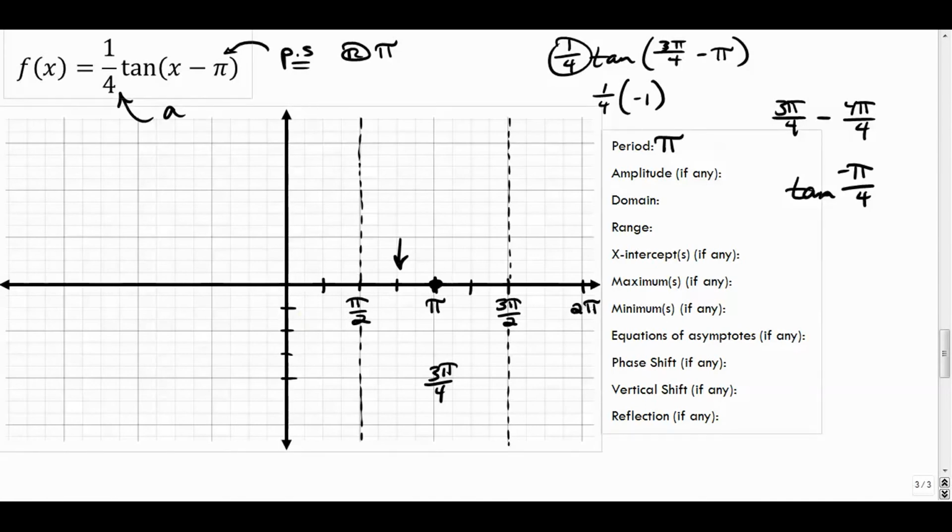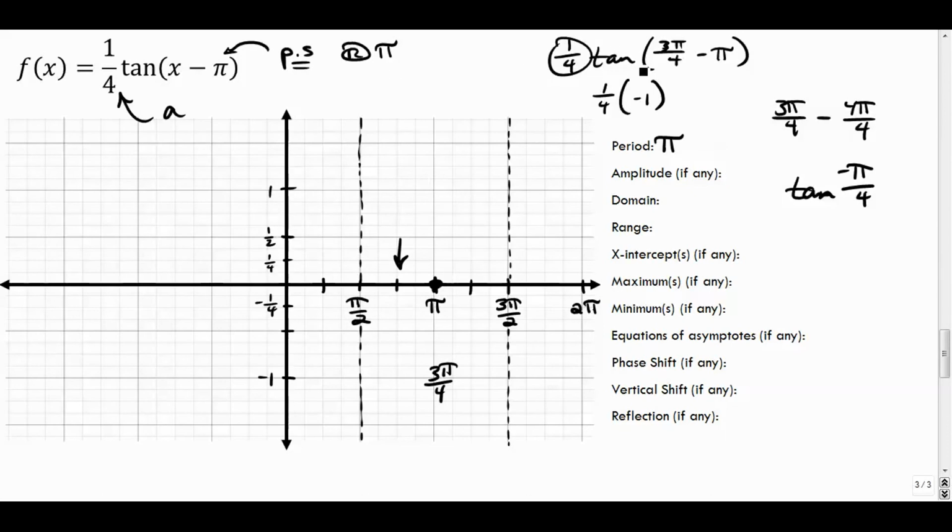This is really just all about preference. I don't want to make my graph seem too squished. So maybe I'll say that this is, yeah, actually I think I like that. This is negative 1. This is negative 1/2. This is negative 1/4. I think that's fine. I'll keep it that way. So this is a half, this is 1, so this is a fourth right here.